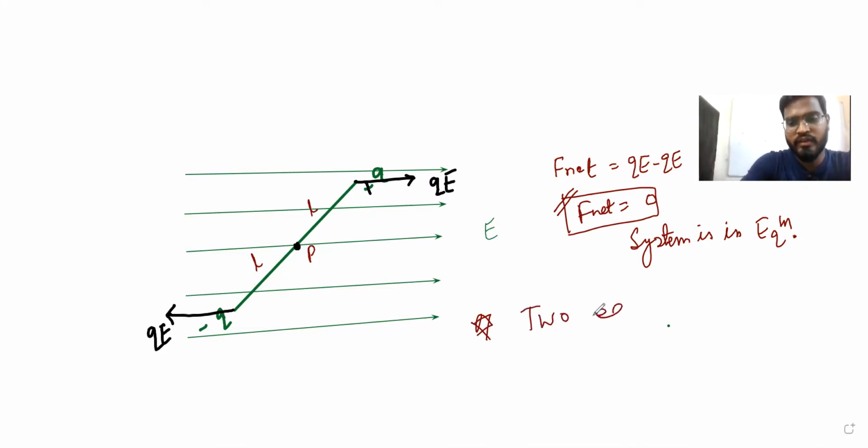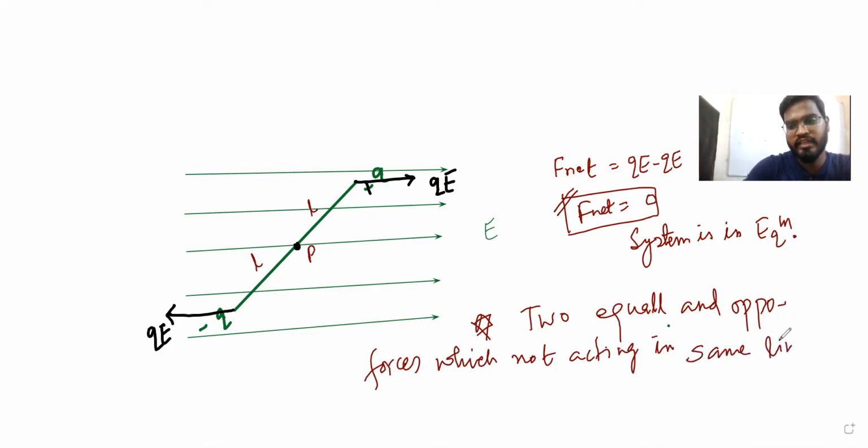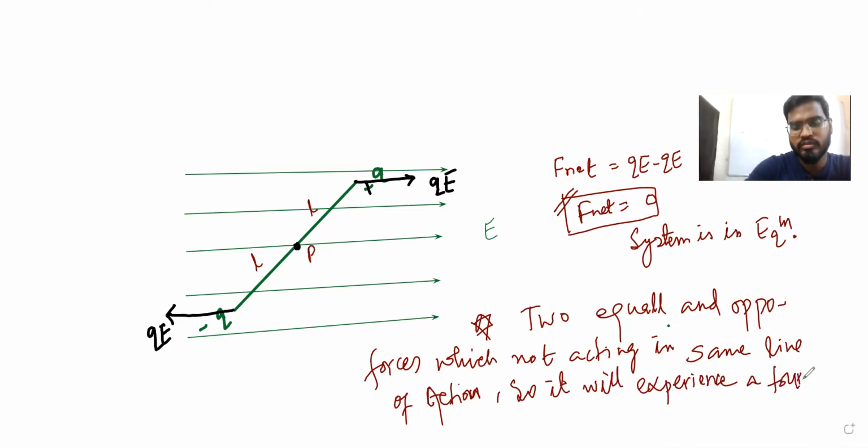Two equal and opposite forces which are not acting in the same line of action will experience a torque, a torque about the center of mass, COM. We can say about point P, right?